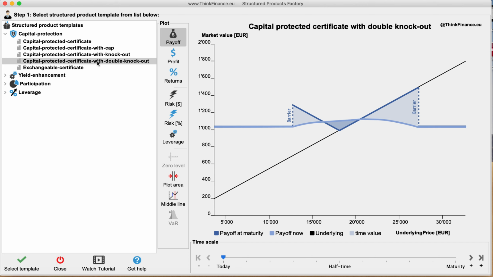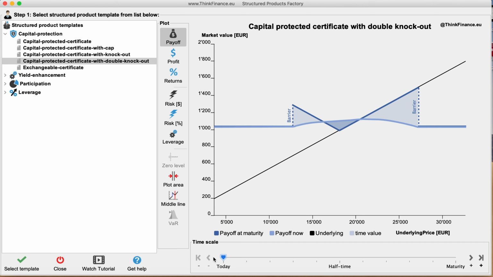And this is because it's a mixture of convex and concave payoff parts. That's why we see positive and negative time value in one payoff chart. And when we go towards maturity, you can see that both the positive and negative time value disappear.